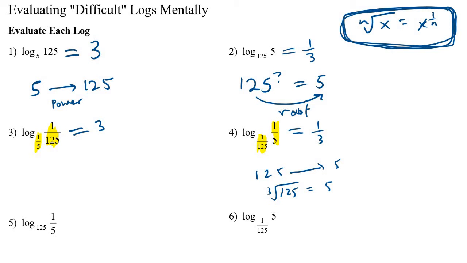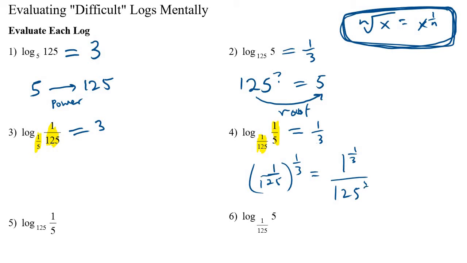Well, let's see if it works or not. Let's check it. 1 over 125 to the power of 1/3. I'm going to separate them into numerator and denominator: 1 to the power of 1/3 divided by 125 to the power of 1/3.